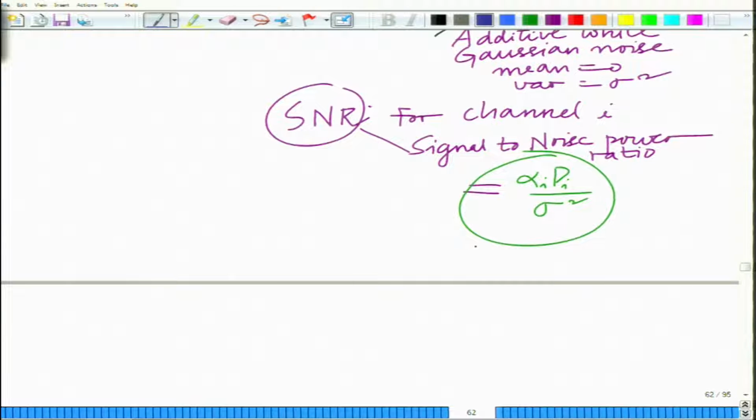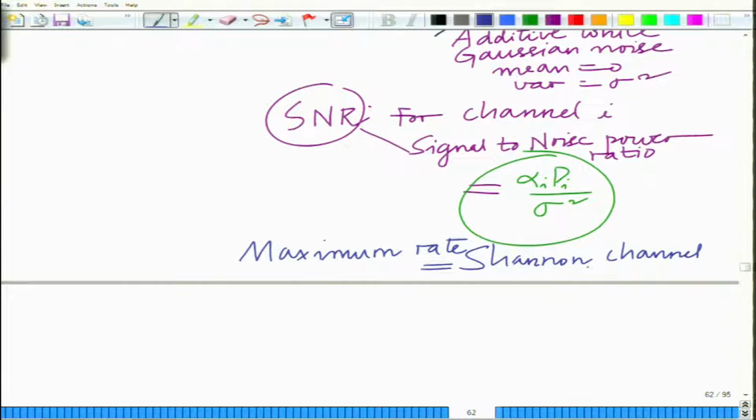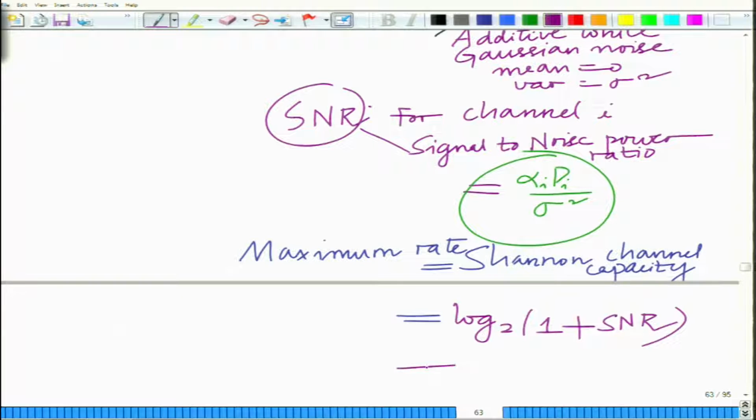So, from the Shannon capacity formula, the maximum rate is basically given as log to the base 2 of 1 plus SNR, which for this is log to the base 2 of 1 plus alpha i Pi over sigma square.